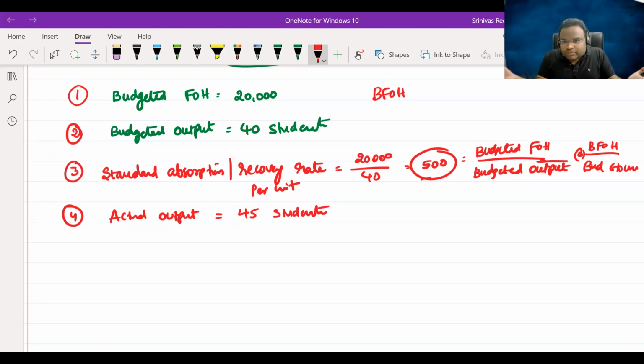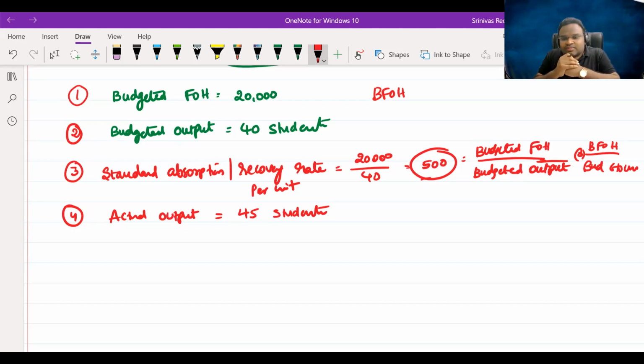Should I say that for 40 students you pay material cost, faculty cost and fixed overhead, and those who joined after 40 need to pay only material and faculty cost, not any fixed overhead?